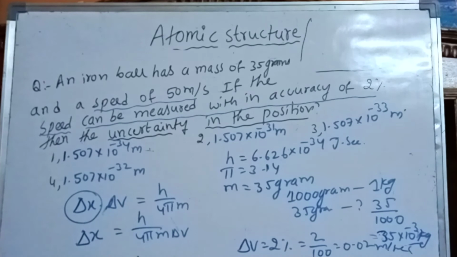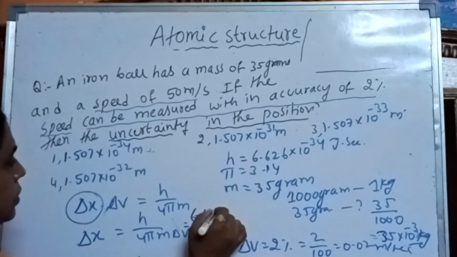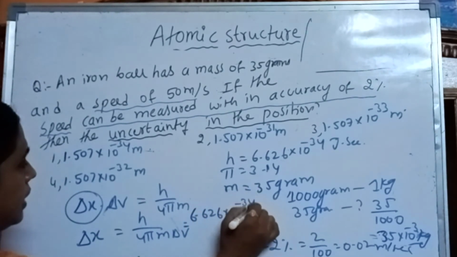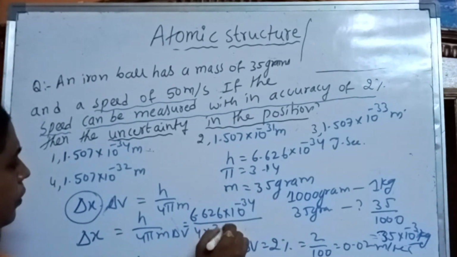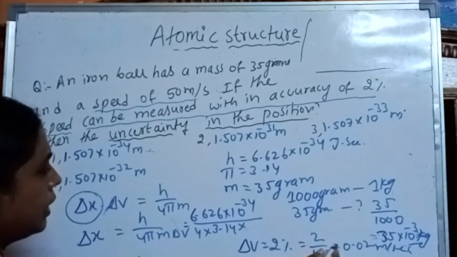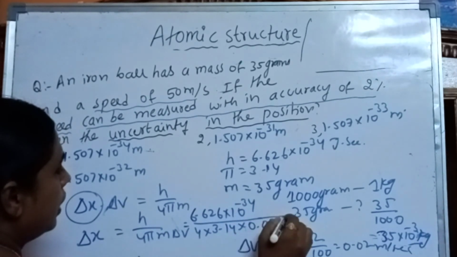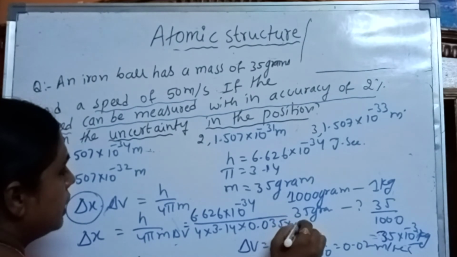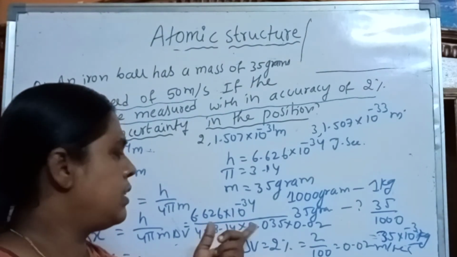Substituting directly: h is 6.626 into 10 to the power of minus 34, divided by 4 into pi, 3.14, into the mass, 35 into 10 to the power of minus 3, which we can write as 0.035, into delta v. So you have to calculate, amma. The calculation part is easy, not so difficult. It is just calculation.